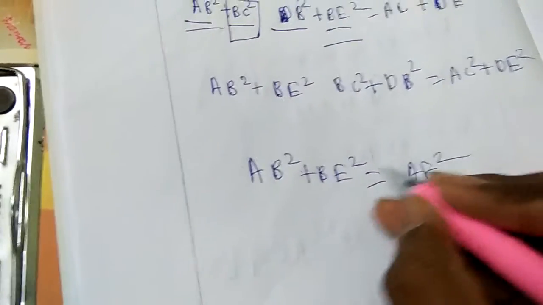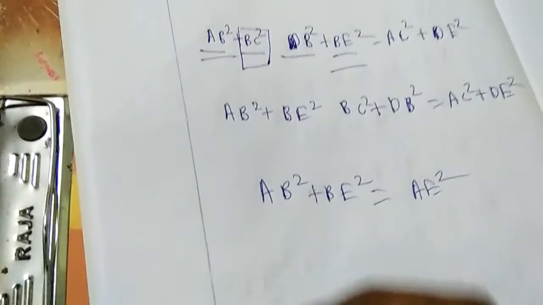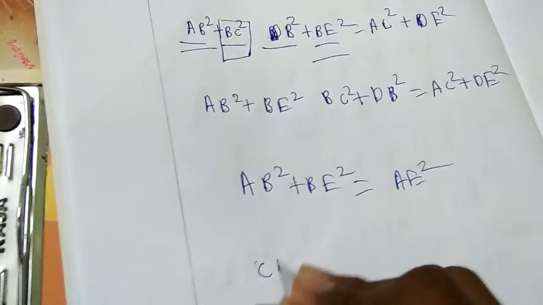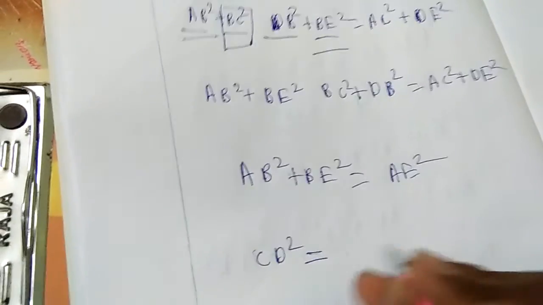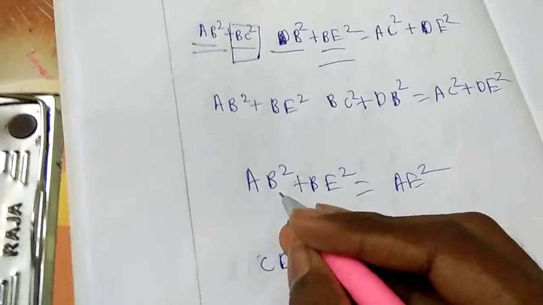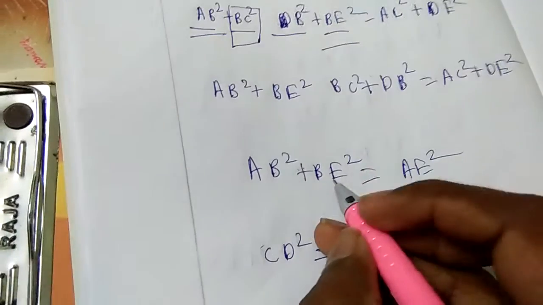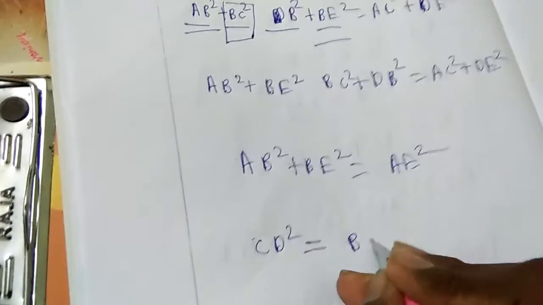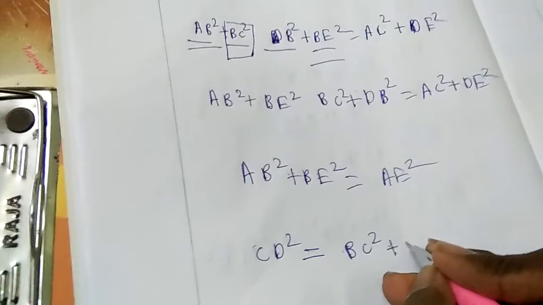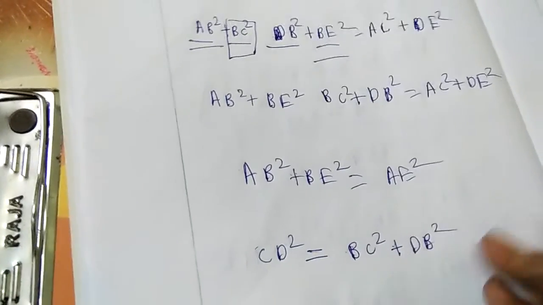Now CD square, or DC square, is equal to BC square plus DB square.